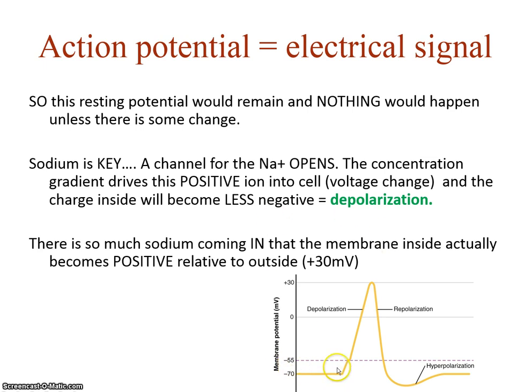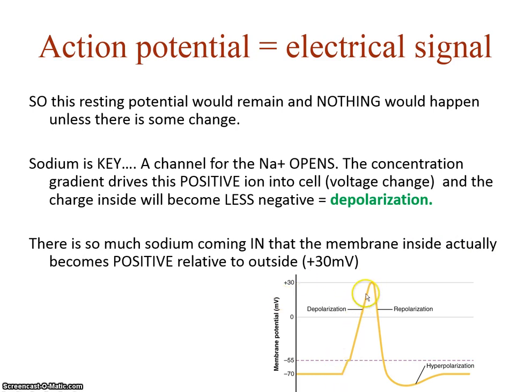This change from more negative to less negative gets the term depolarization, doing away with the polarity. If there is so much sodium coming in that this continues, the membrane inside actually becomes positive relative to the outside, and you see that here.